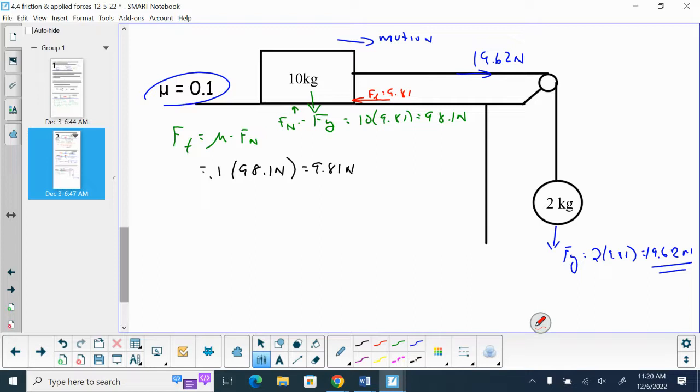We have enough to overcome it. So our force net is equal to our force applied plus our force of friction. Force of friction is negative. We subtract off 9.81 and we come back to 9.81.